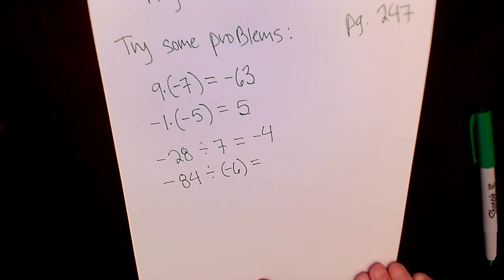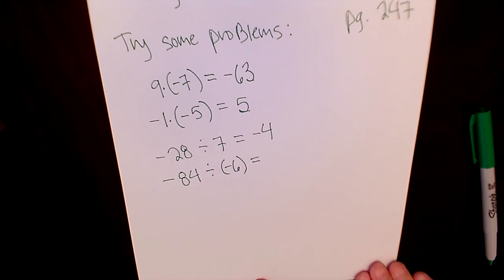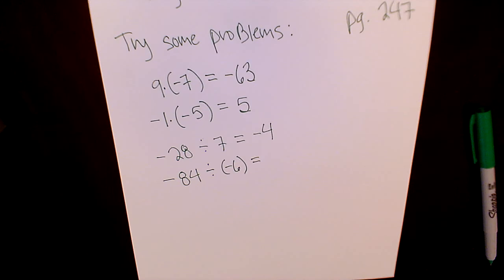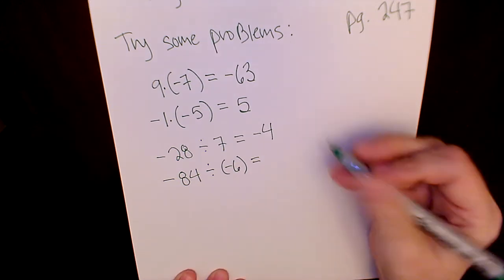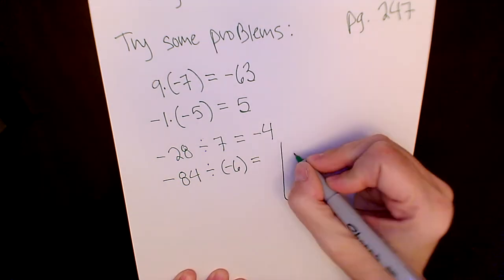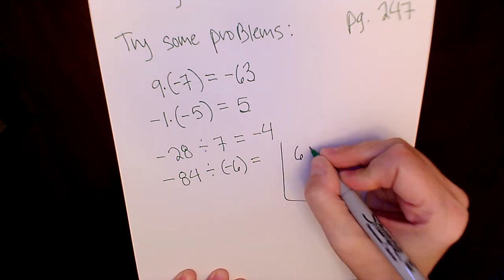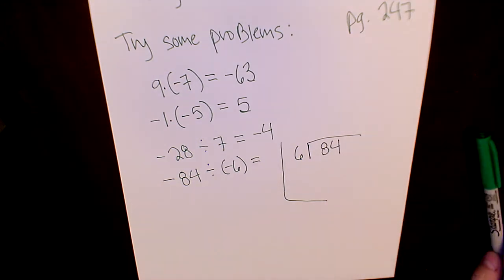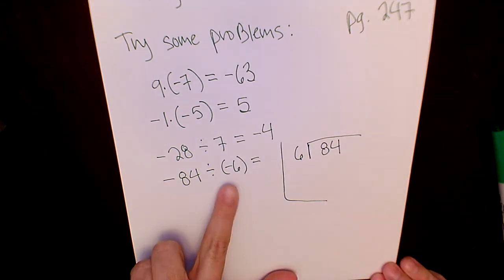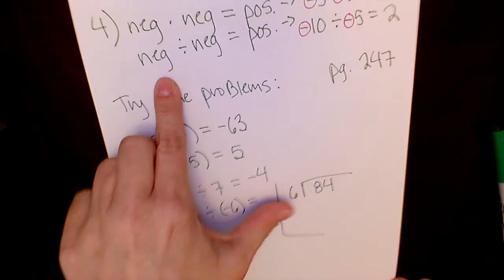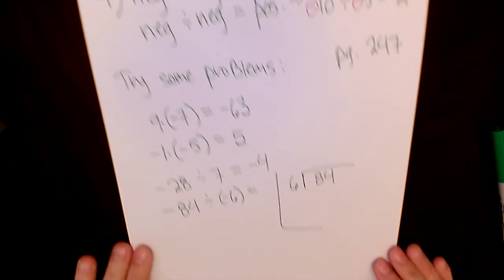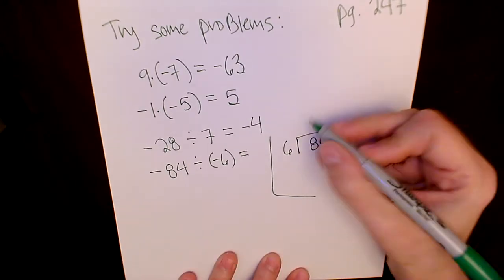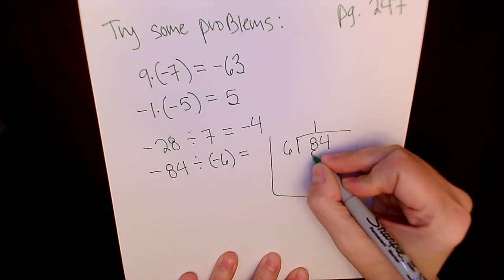We could do long division on that if we're not sure, and we can check it, we can punch it in the calculator. So I'm going to try long division on that. I'm just going to do a 6 into 84. And I know it's a negative divided by a negative, so I know my final answer is going to be positive. So I'm going to take 6 into 84. 6 goes into 8 once.